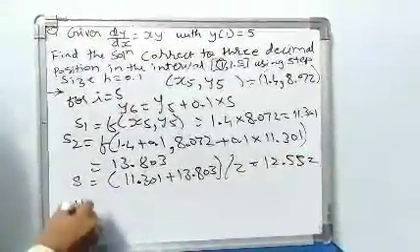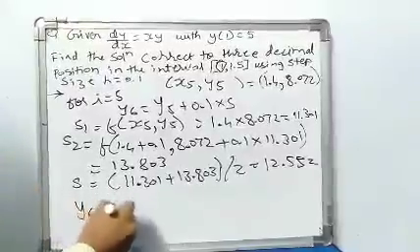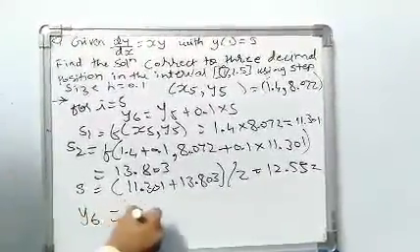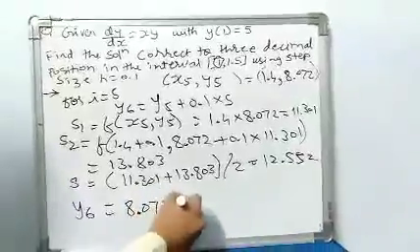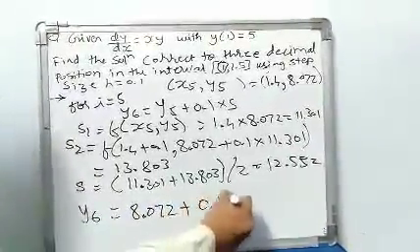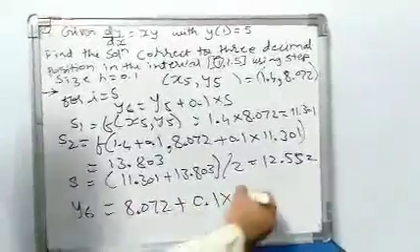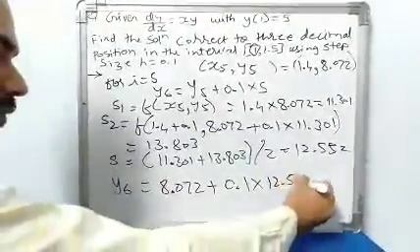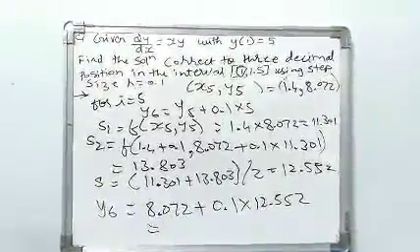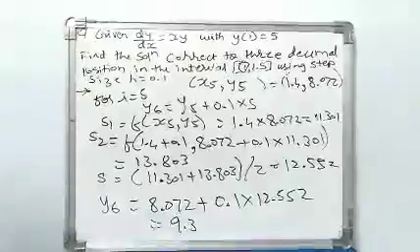Now we need to calculate the value of y6. y6 is equal to 8.072 plus 0.1 into 12.552, and you get the value 9.328.